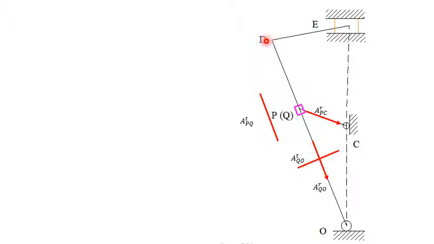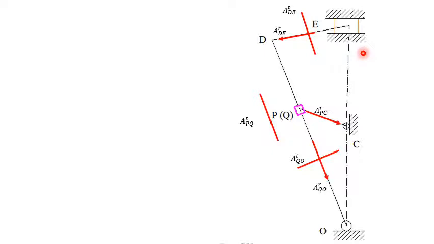This is over. Coming to the link DE, for this link also we obtain two types of acceleration. One is the radial acceleration, which acts towards the center of rotation, that is the radial acceleration of D with respect to E. Another one is the tangential acceleration of D with respect to E, because this has oscillatory motion.